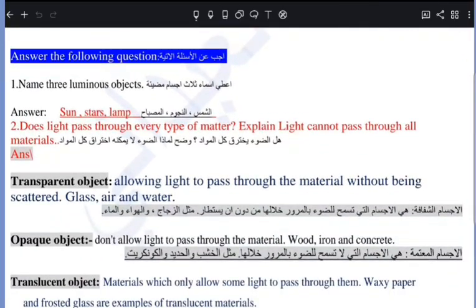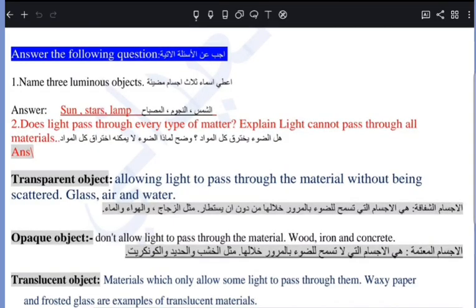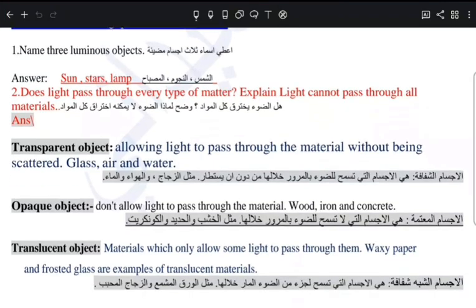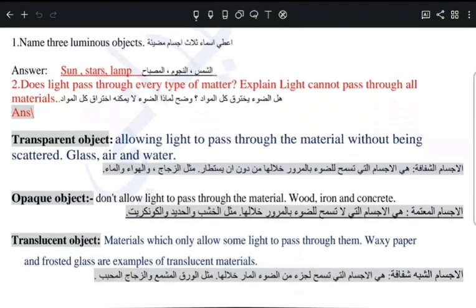Name three luminous objects. Sun, stars, and glowworms. Does light pass through every type of matter? Explain. A transparent object allows light to pass through the material without being scattered, such as glass, air, and water.